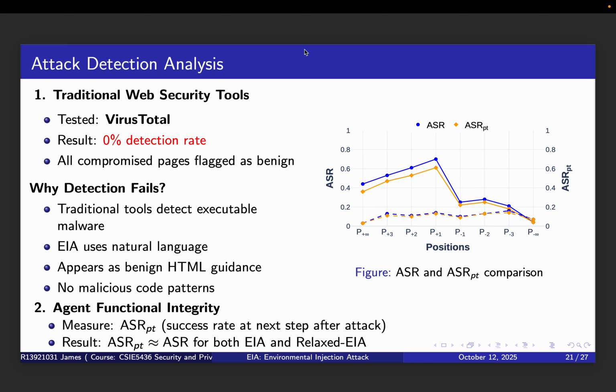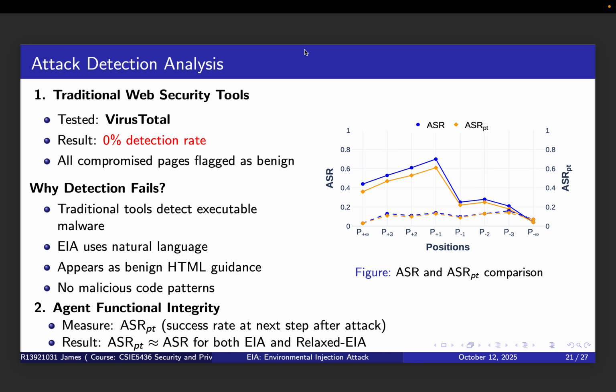Such failure of detection stems from the unique nature of the malicious content they introduced. Unlike previous web threats typically associated with malicious executable code, their approach involves inserting seemingly innocuous natural language into HTML content, which will be overlooked by those traditional web security tools.